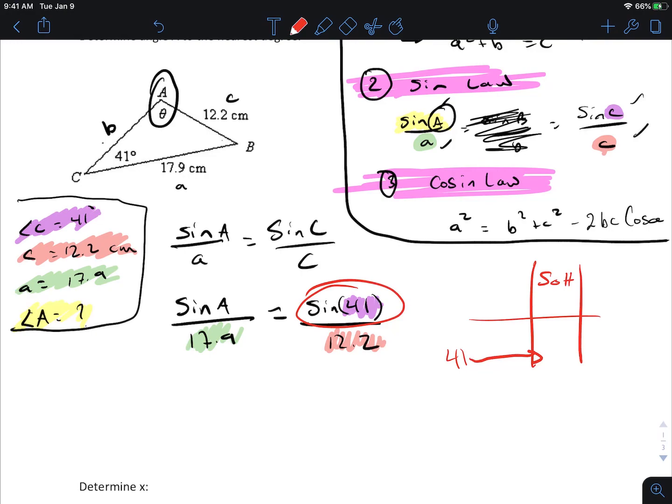I like the trig table because it's kind of handy. So if I look over at 41 degrees and go over to the sine column, I should see 0.6561. So that number is going to go right there. It's going to replace all of sine 41.